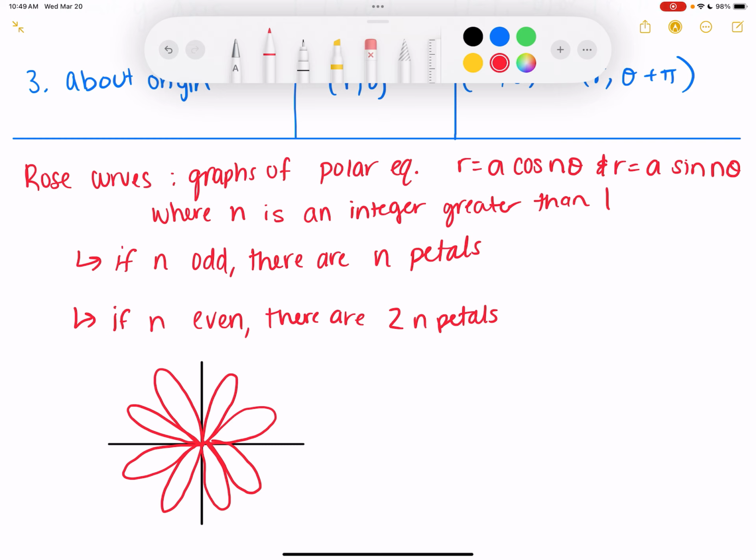Kind of looks like a flower, right? A little bit. When it's drawn perfectly out of the book or your calculator, it's going to look a little nicer, but just for a visual. So this one has 8 petals on it, so that would have meant that n was 4 in this particular situation. So, just for reference.